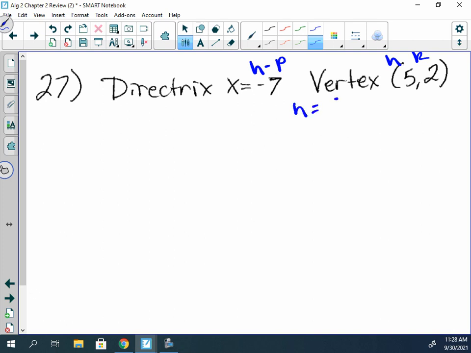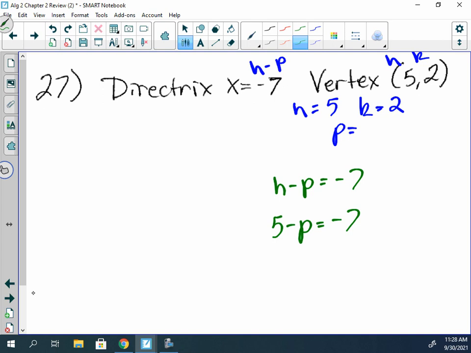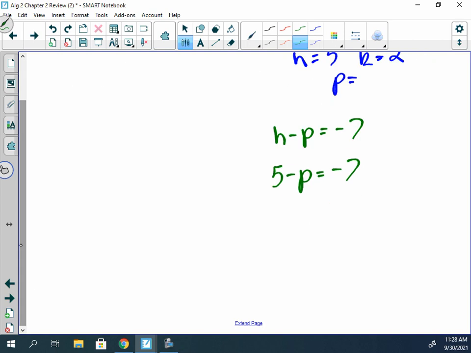Now we know that h is 5, k is 2, but we don't know what p is. Now I do know that h minus p is -7. We know the value of h is 5, so we can plug it in, telling us that 5 minus p is -7.